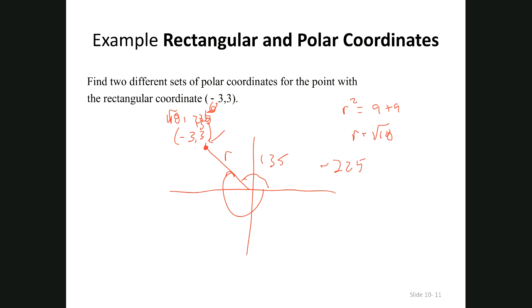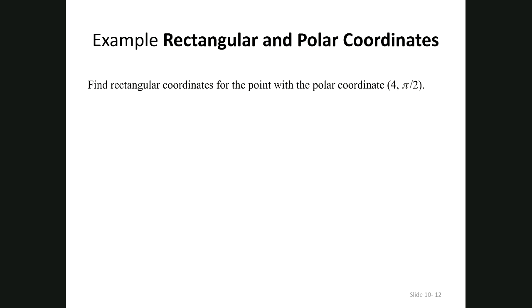So if I gave you this problem here, find the rectangular coordinates for this. I'm going to let you do this one. This one's a pretty easy one if you understand what we're doing. So what would the rectangular coordinates of this problem be? x would be 0 and y would be 4. Yes, exactly right.